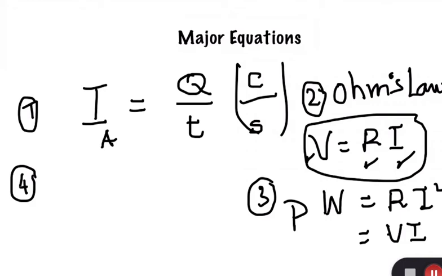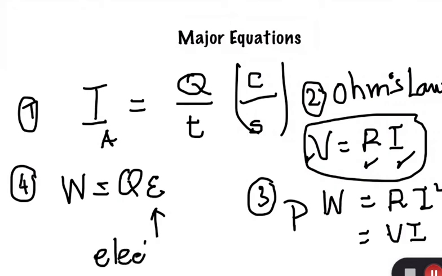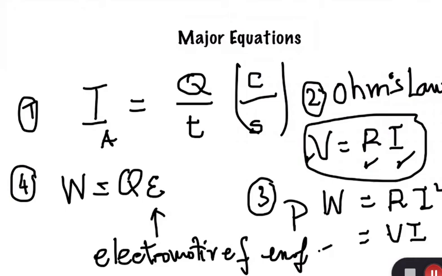Number 4, if you calculate the energy, I'm going to write it as energy here. The energy would be Q multiplied by epsilon. So what is epsilon? Epsilon is what we call the electromotive force, or EMF, represented by the Greek letter epsilon.